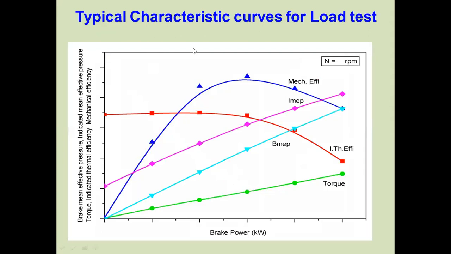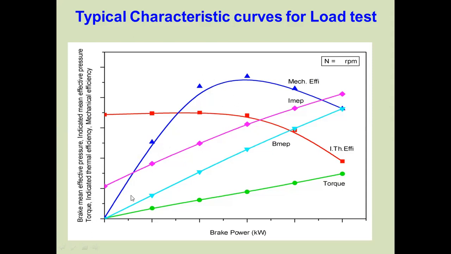In the next slide, we discuss some of the performance parameters based on the load curves in the load test of the internal combustion engine. The x-axis is brake power. On the y-axis, we have brake mean effective pressure, indicated mean effective pressure, torque, indicated thermal efficiency, and mechanical efficiency.